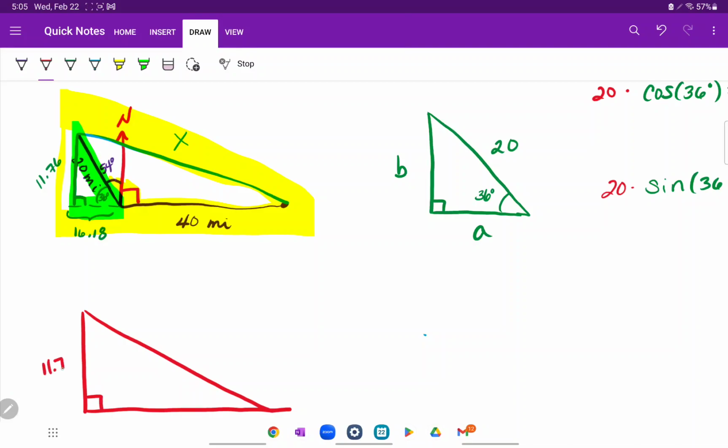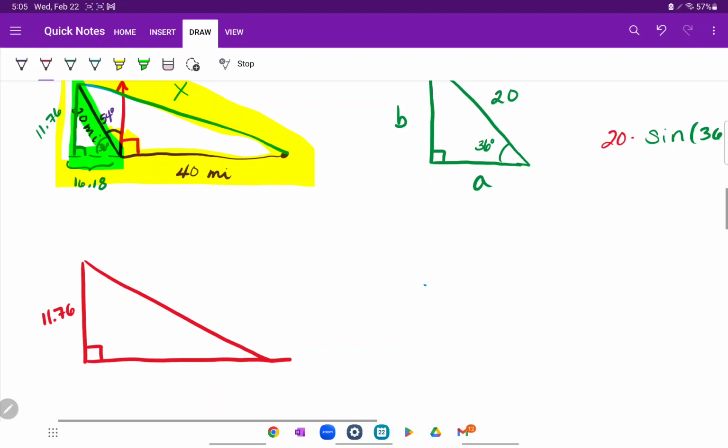This side's 11.76. Our bottom, we're going to add that 16.18 to the 40. Get 56.18, and then all we need to do is Pythagorean theorem to find our x.